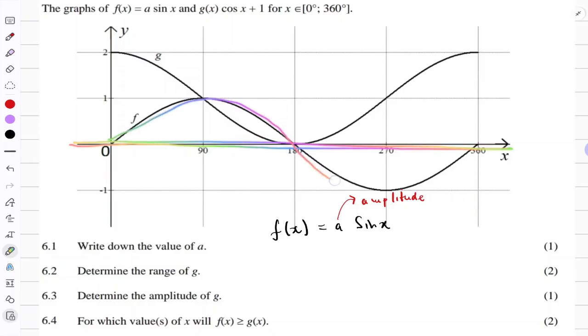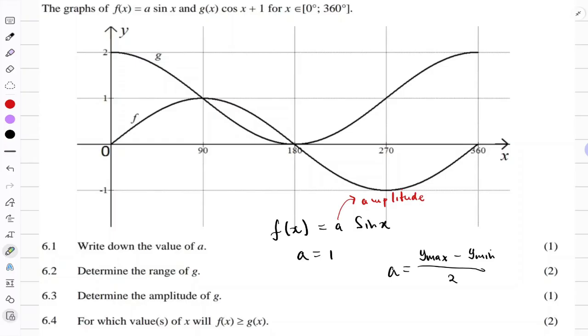For the function f(x), this here is the center line, and the maximum positive y value with respect to the center line is called the amplitude. For the given case, the maximum y value is positive 1. So we can say our amplitude is equal to 1.